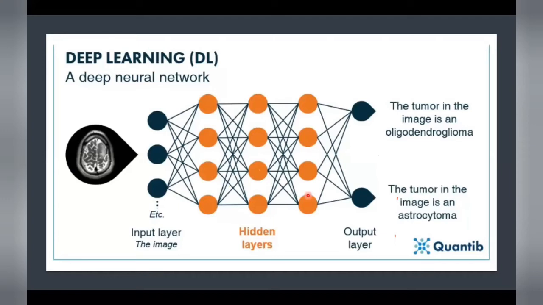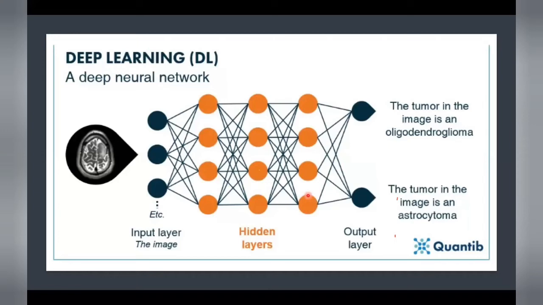And finally, when the results come out, all this pixel by pixel data, which is filtered through these hidden layers, comes out as an output. And this output comes out as what is desired. So it can actually segregate whether it's an oligodendroglioma or an astrocytoma by just looking into pixels, running it through algorithms, doing complex calculations, and assimilating the data at the end and giving out the output. So this is what a DNN looks like, a deep neural network.